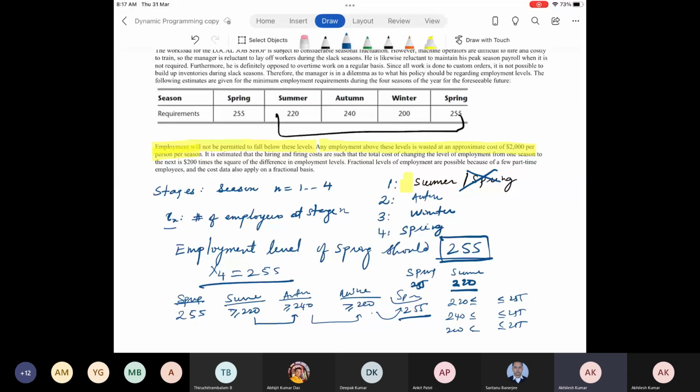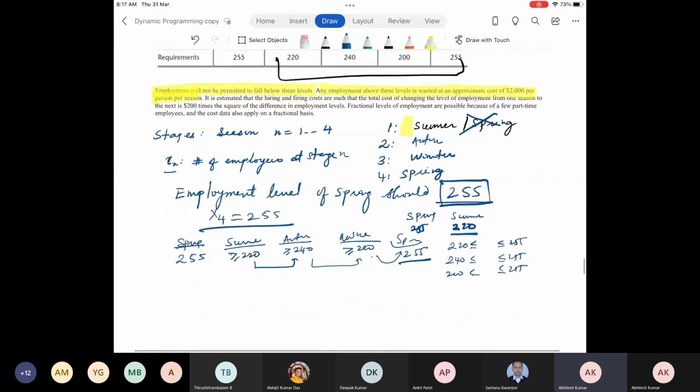So we have already defined Xn as our employment level, X4 being fixed. Now define one more parameter, not a variable actually, which is already given to you, the minimum level of employment. So what would R1 become equal to? 220.